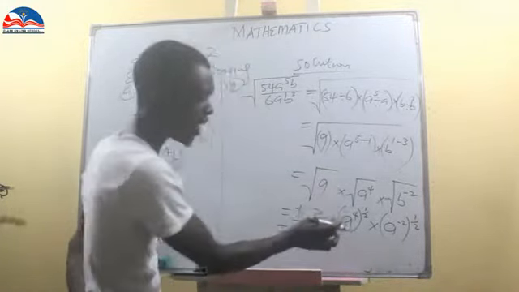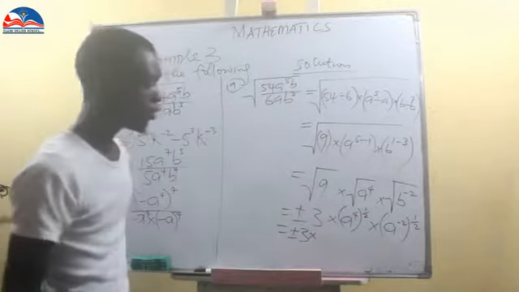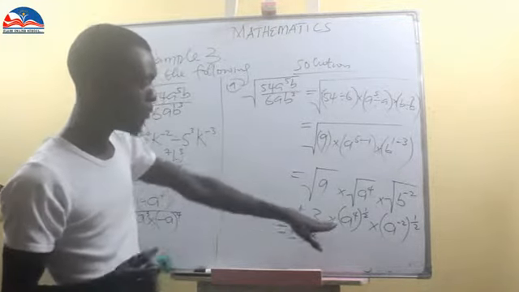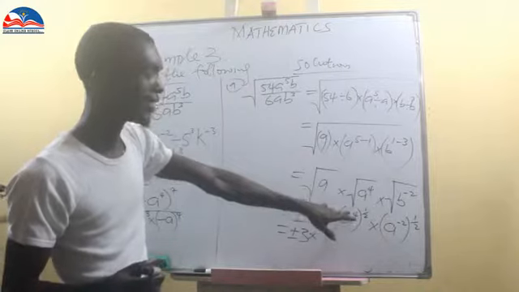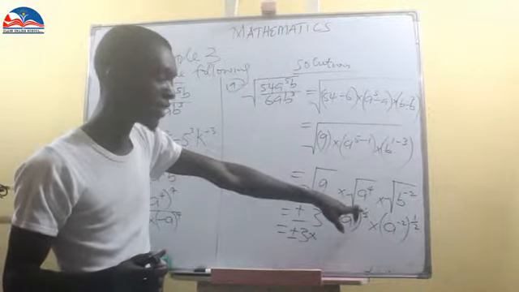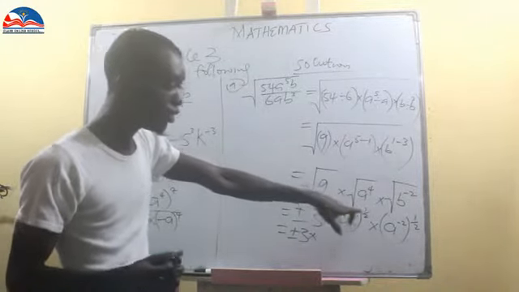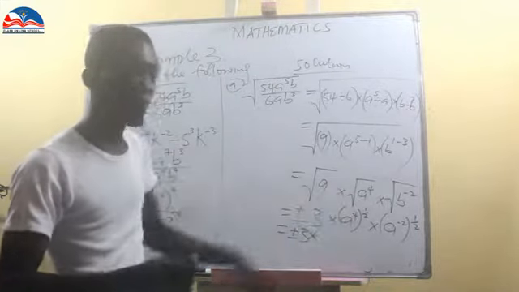Okay, so this is equal to plus or minus 3 times. Now when you have a index 4, remember the third law: if a base is indexed in a bracket and indexed outside the bracket, the two indices are multiplied.